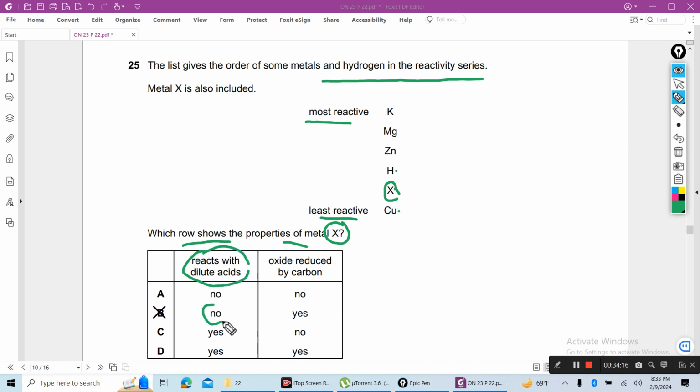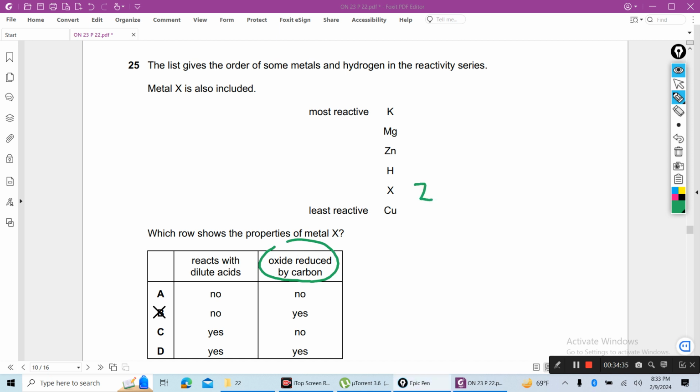This is true, because X is below hydrogen. In the second row, the oxide is reduced by carbon. Yes, say zinc oxide. If I write carbon reduces it, we get zinc plus carbon monoxide or carbon dioxide. So this is the yes answer.